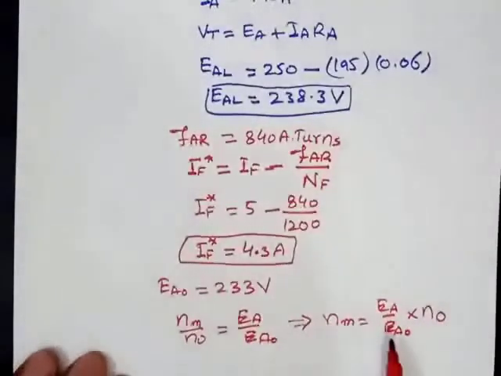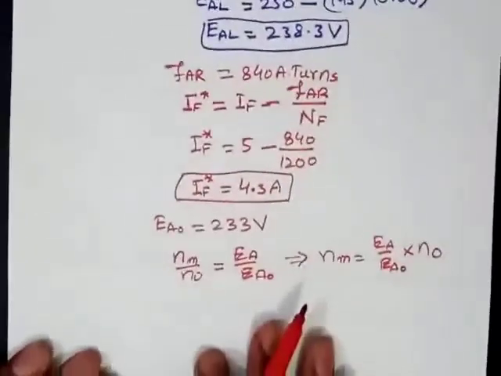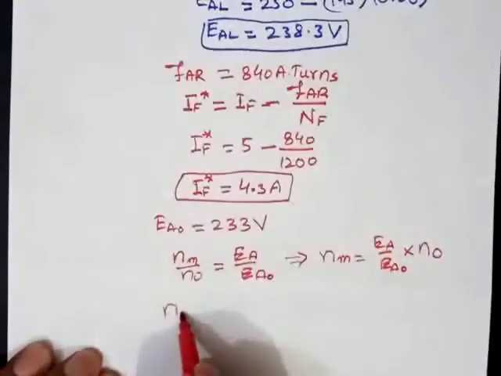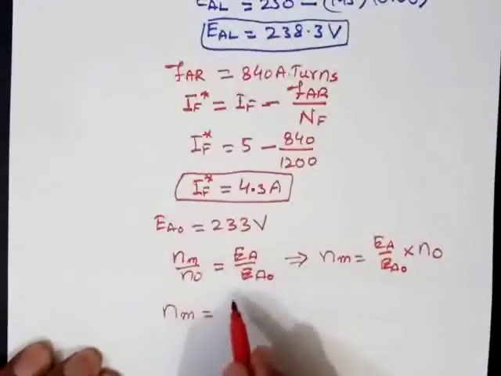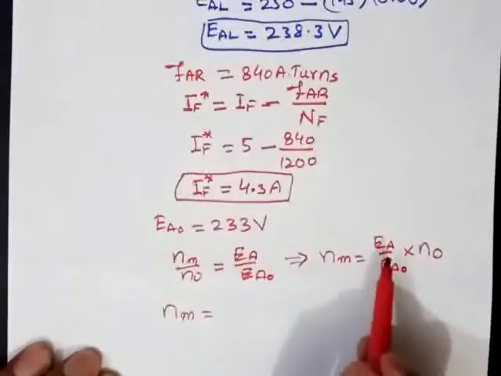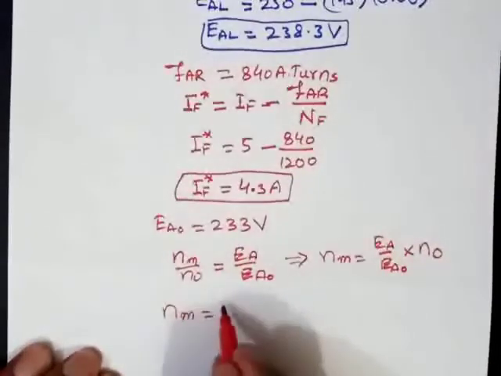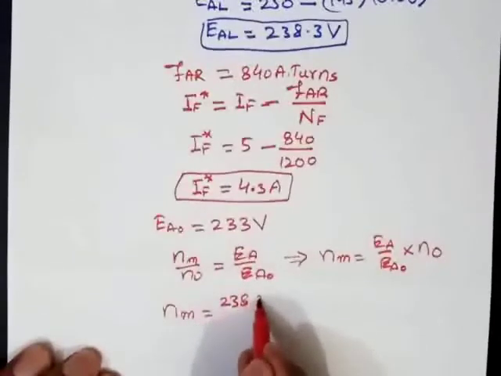Putting the values of EA and N naught in this equation, we get the actual speed of the DC shunt motor is equal to, the value of EA is 238.3 volt, as we have already calculated.